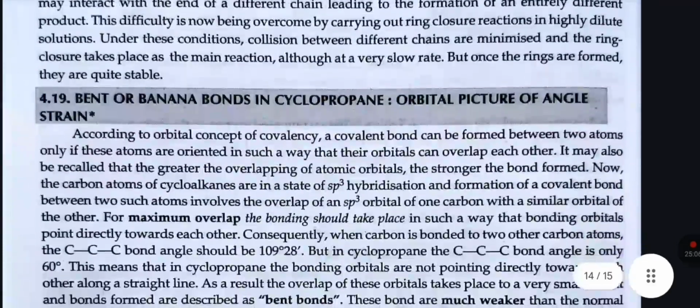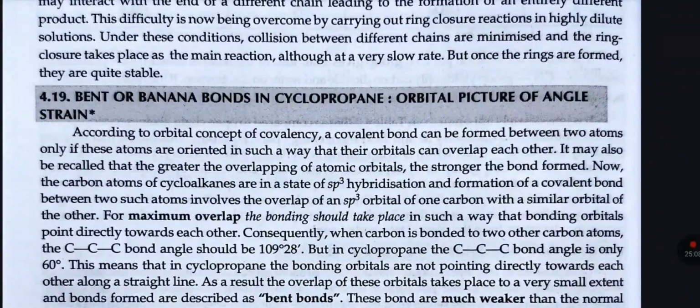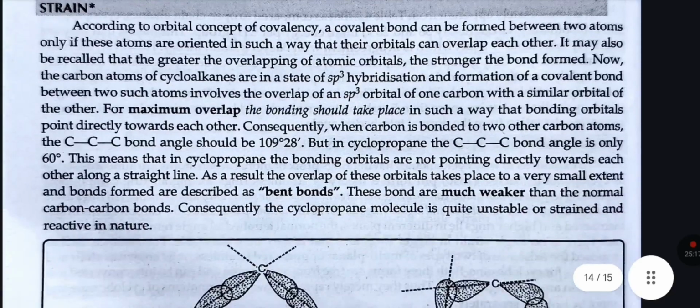Bent or banana bonds in cyclopropane: orbital picture of angle strain. According to the orbital concept of covalency, a covalent bond can be formed between two atoms only if these atoms are oriented in such a way that their orbitals can overlap each other. It may also be recalled that the greater the overlapping of atomic orbitals, the stronger the bond formed.